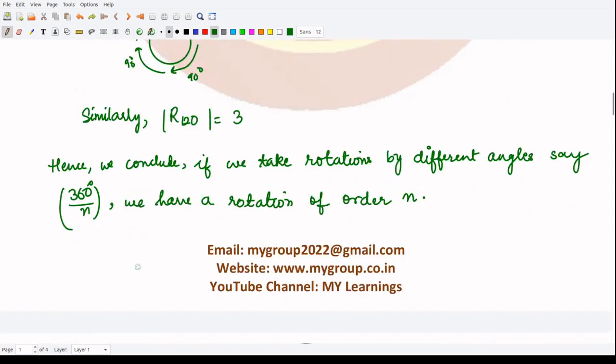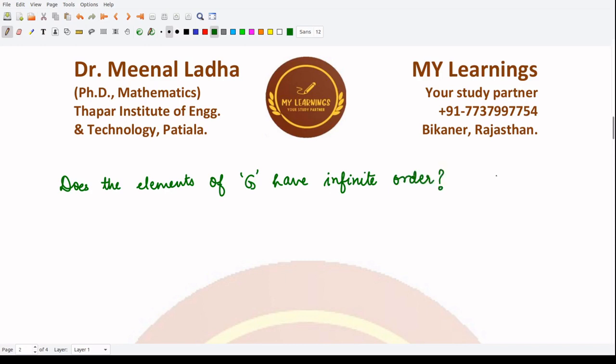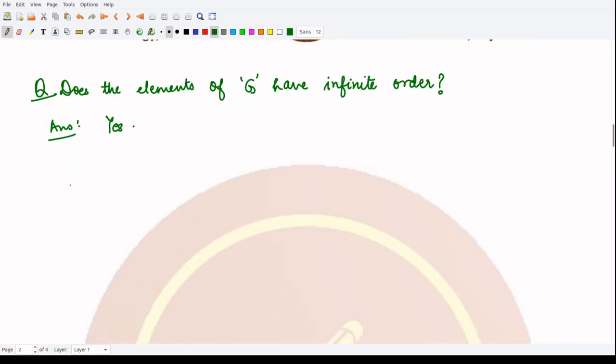So let's talk about this issue. Do the elements of G have infinite order? The answer is yes. How? Let me demonstrate this to you. So this is our given circle.